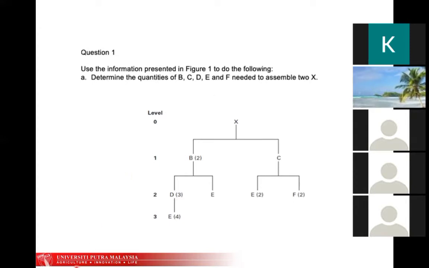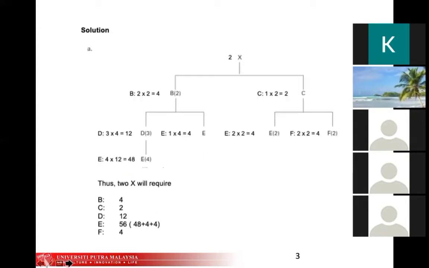Okay, next, the solution 1A. We require 2X. 2X requires 2B, so 2B times 2, where 2 is from 2X, equals 4. And 2B requires 3D. 3D times 4, where 4 is from B, equals 12.